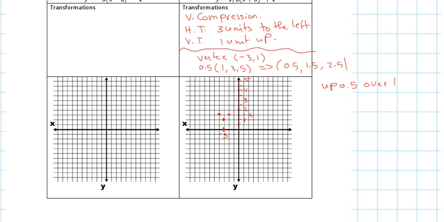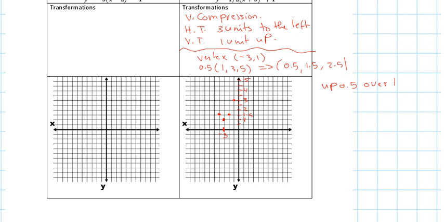Then from this point, I'm going to have to go up 1.5. Okay? So if I'm going to go up 1.5, this is 1. So 2 of them is 1. And then 0.5. So from here, I'm going to go up 1.5. So I'm going to end up at the 3. Right? I was at 1.5. And I went up 1.5, so that means I'm going to end up at 3.